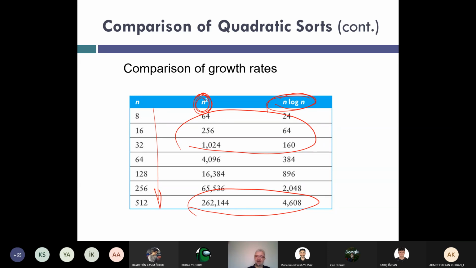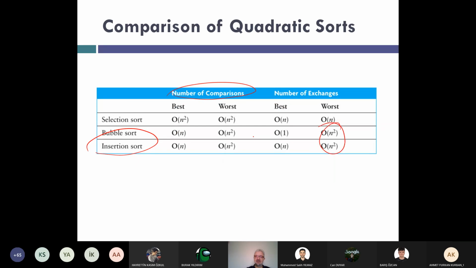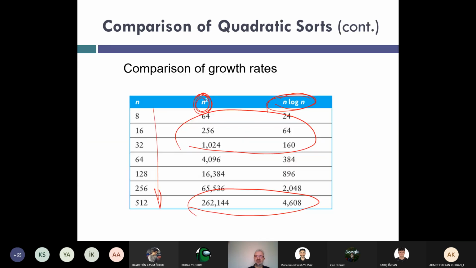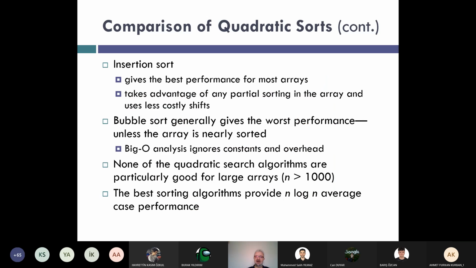So these quadratic running times are too big. Too long a time is required to sort compared to n log n. There are n log n sorting algorithms that we are going to see.